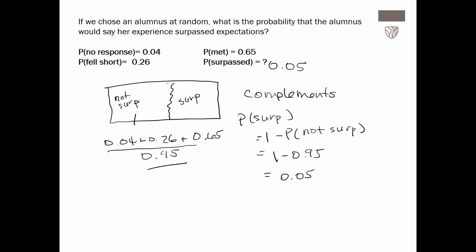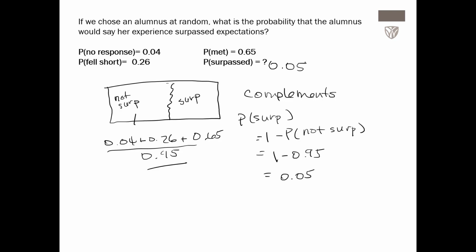Okay, so we haven't even applied the law of addition here. Well, we have actually, because we used the law of addition in adding up the probability of no response plus the probability of fell short plus the probability of met. And we were able to add those probabilities up because these are mutually exclusive outcomes. How do we know they're mutually exclusive outcomes?